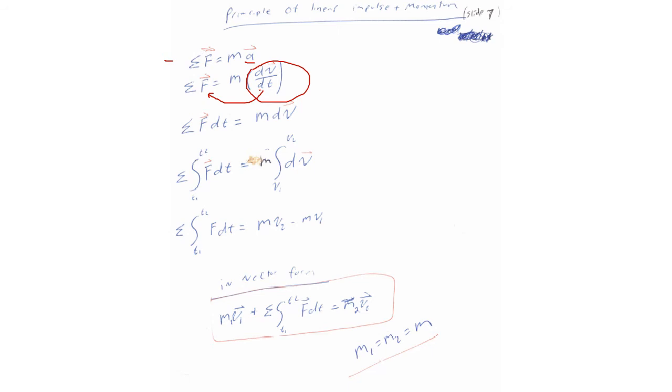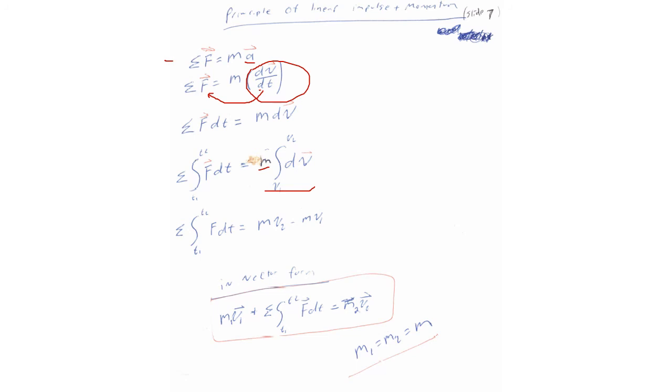So we can integrate both sides of this equation. We have the summation from t1 to t2 of our F dt is equal to our mass, that's a constant, so we can pull it out front, integral from v1 to v2 of dv. Well, we can do that integral right there, so we leave the left alone for now and say the summation of the integral from t1 to t2 of F dt is equal to our mv2 minus mv1, when we take this integral and apply our limits of integration.